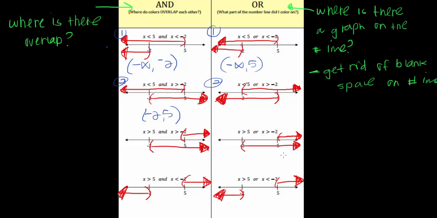And or says, where is there a graph on that number line? Get rid of the blank space. Well, there's no blank space on this number line. It's all covered with the graph. I do have overlap from -2 to 5 still, but again, I don't care about overlap. I just say, where is there a graph? There's no blank space on that number line. So it would be from -infinity to +infinity.